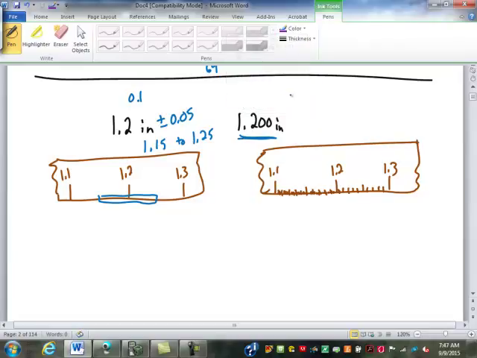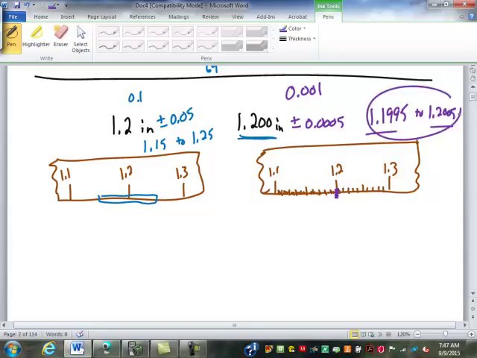It has a degree of precision of 0.001, but it still happened to be closest, somewhere in that range, to 1.2. It's got a plus or minus of 5/10,000ths, half of a thousandth of an inch. So this is implying a range of anywhere from 1.1995 to 1.2005 inches. Quite a bit narrower range than that one.